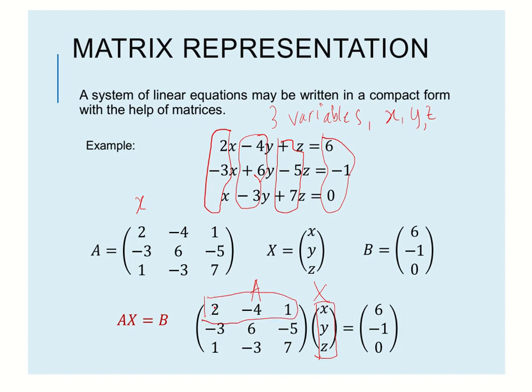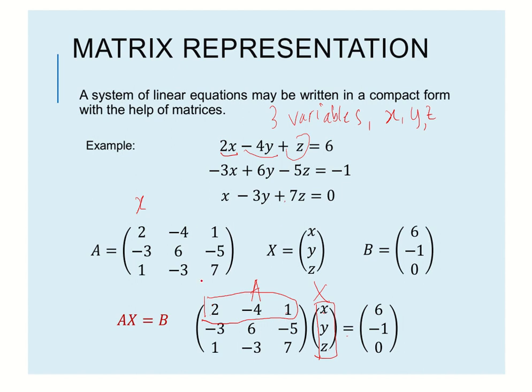So we have 2 times x, 2x here, -4 times y, and 1 times z, 1z equals 6. So when we multiply these 2 matrices, we will get back the 3 equations here.